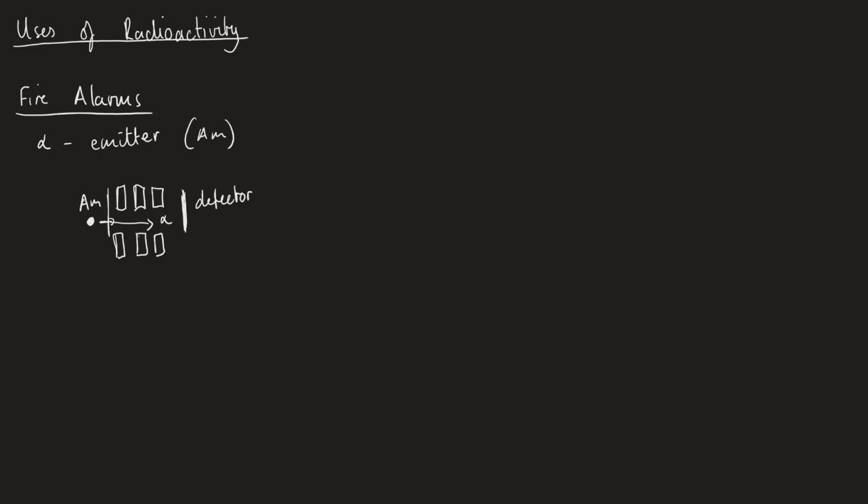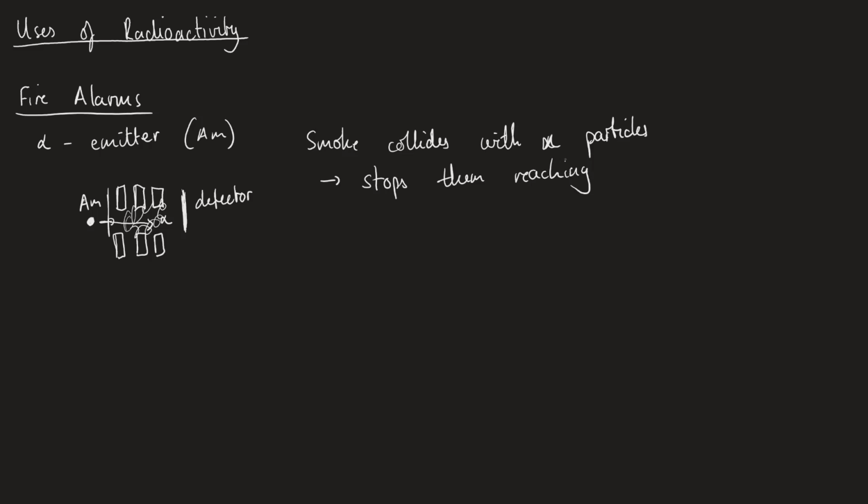As soon as we get smoke in here, we have increased the density of the air, and so it will collide with the alpha particles. When the smoke collides with the alpha particles, it stops them from reaching the detector, and as soon as the detector no longer detects the alpha particles, it will sound the alarm.